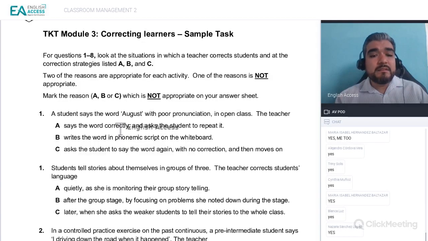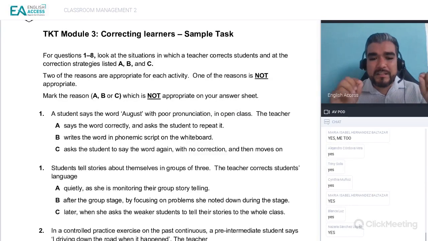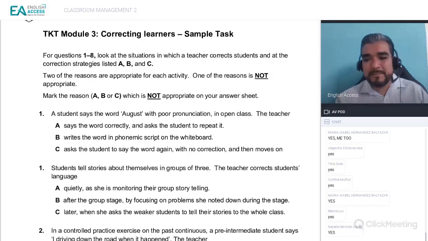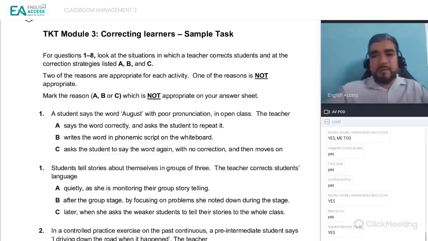It says a student says the word August with poor pronunciation. Probably she or he says August with the wrong stress. So in open class, I'm going to show you in a little bit what open class means, but in open class means to everyone, not in private. So everybody's there.